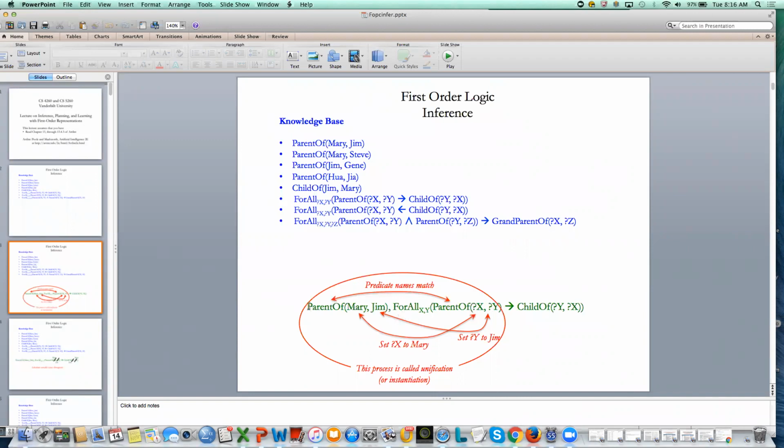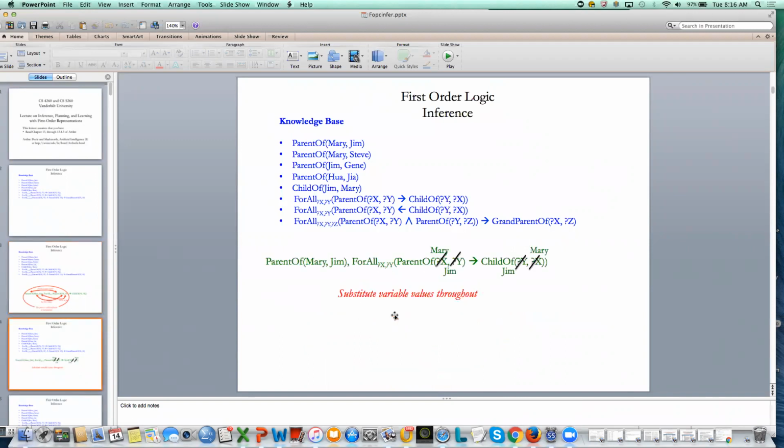So in this case, we can unify parent of Mary Jim with parent of ?X ?Y by binding X to Mary and binding Y to Jim. And at that point, we can apply the substitutions throughout the rule, having done those variable bindings. And so we substitute Mary for X and Jim for Y throughout the rule.